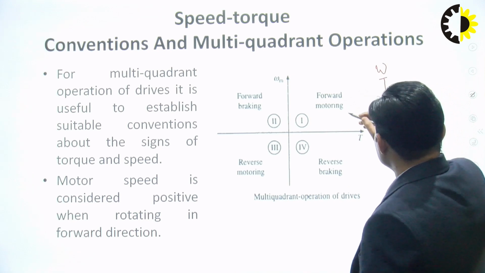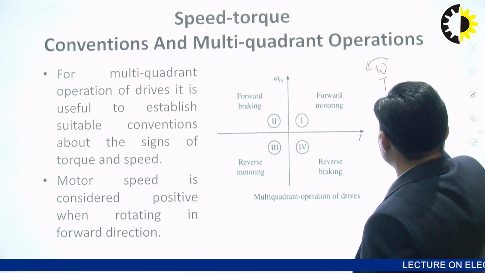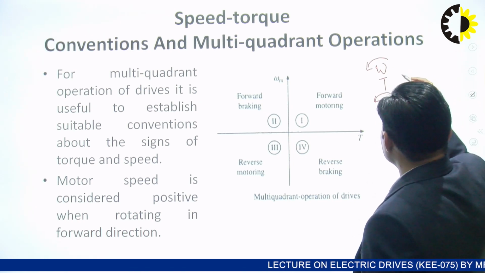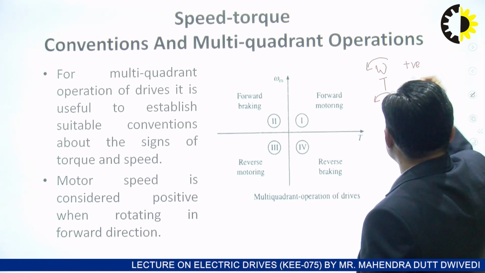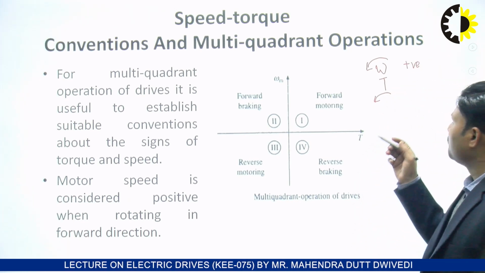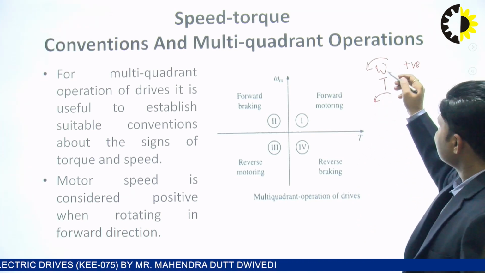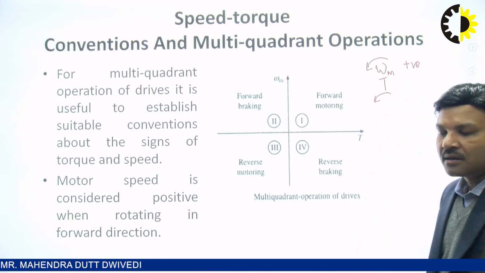So in the first quadrant, if we set the direction of speed like this and direction of torque like this, we can say that speed is positive, because when the motor is moving in anti-clockwise direction, that is taken as the reference direction of the speed.